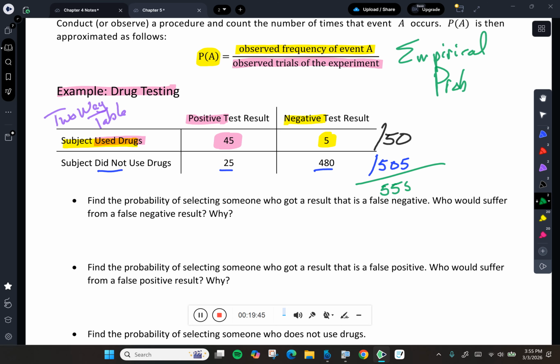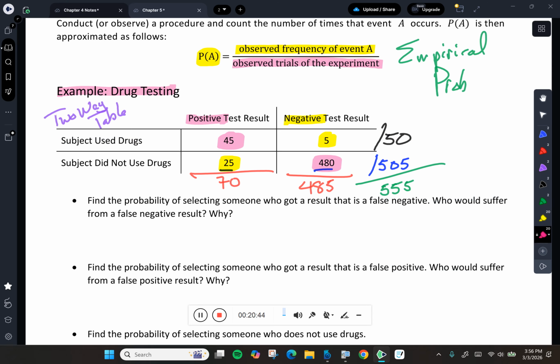And that 25 down there, we would call a false positive because we had 25 people who tested positive but didn't use drugs. Now these two numbers that I'm highlighting in pink are correct outcomes from the test. That 45 is, I used drugs and I tested positive.